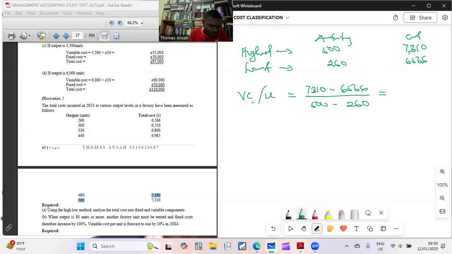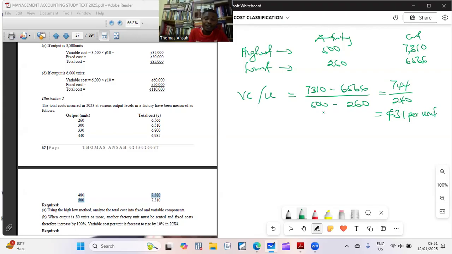So 7,310 minus 6,566 is 744, divided by 240, I have 3.1 per unit. So 3.1 cedis per unit, variable cost per unit.